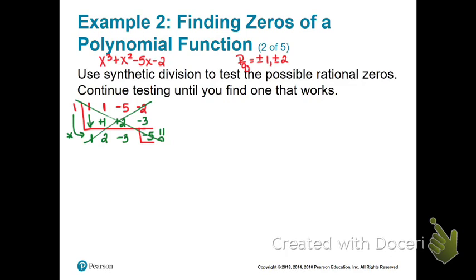Let's try 2. So put 2 on the outside. Same coefficients because the other one didn't work. So 1, 1, negative 5, and negative 2.